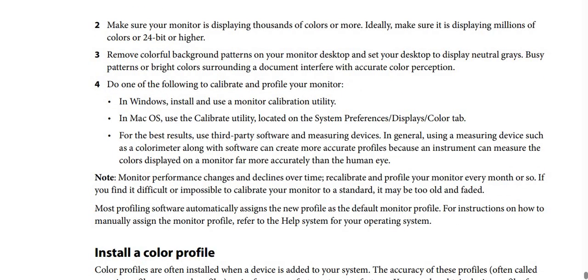Step number 3, remove colorful background patterns on your monitor desktop and set your desktop to display natural grays, as busy patterns or bright colors surrounding a document interfere with accurate color perception.